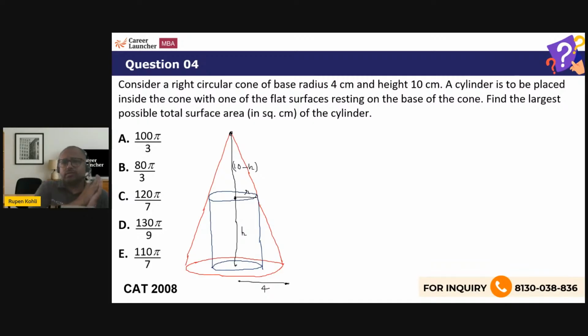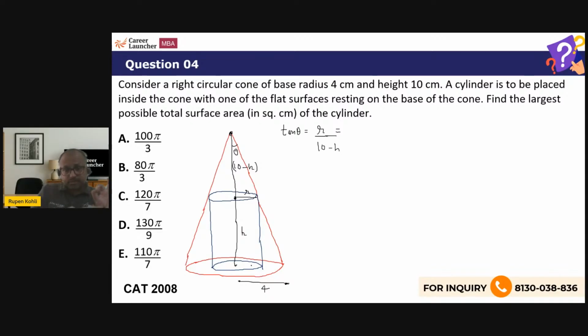What I'm trying to do is find some relation between the radius r and the height h of the cylinder. If this is theta, then tan theta for the smaller triangle equals r over 10 minus h, my bad, r over this triangle, right? r over 10 minus h.